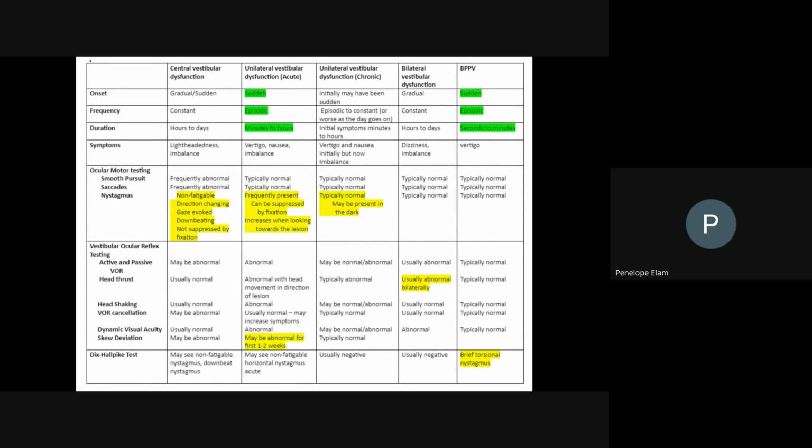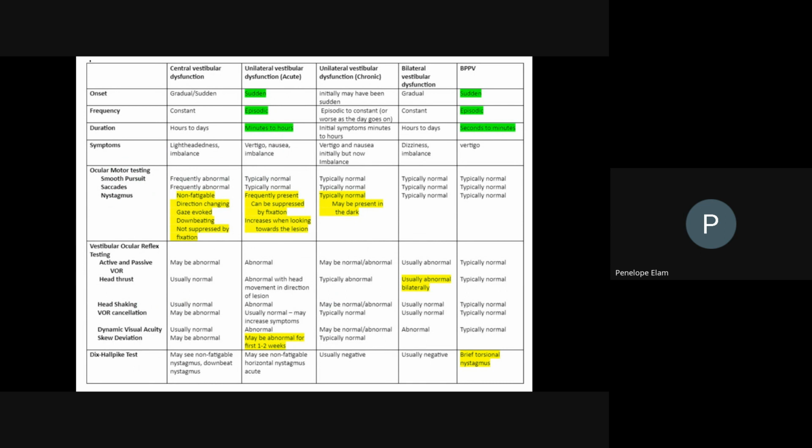So this is a little chart that you can utilize that I put in here, which is a great way to look at your differential diagnosis and break down the key indicators that might guide you towards one diagnosis or another. Under onset, frequency, and duration, I have some highlighted in green.